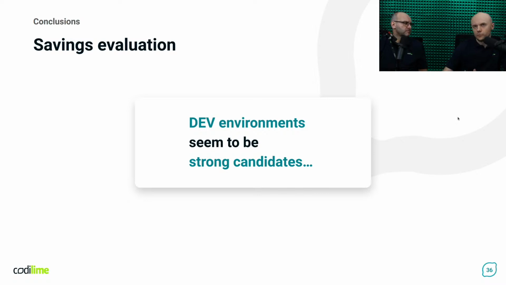Okay, so corresponding to what has been presented in the chart, we do believe that especially large development environments seem to be good candidates to apply our solution. And we would say there are at least two main reasons for that. The first reason is that those environments are likely to be oversized a bit.